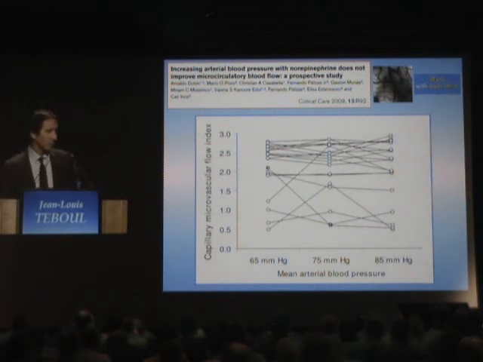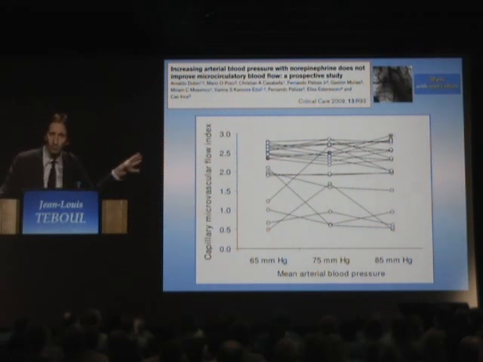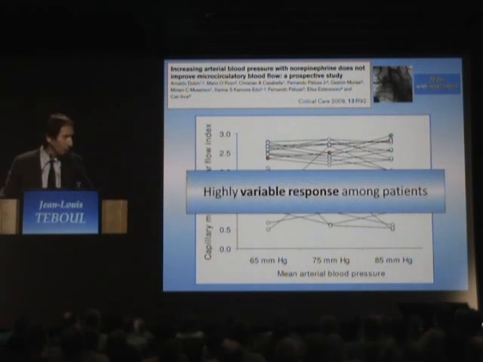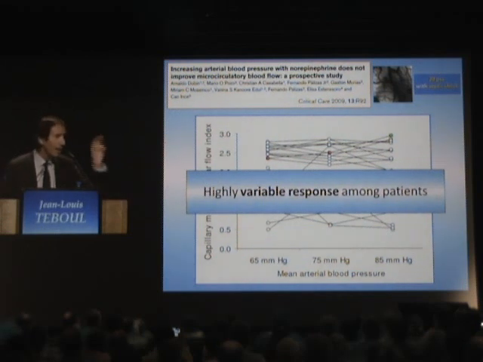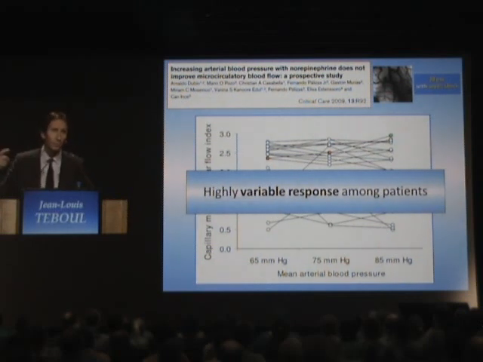And what they observed is that some patients were doing better with 65 millimeters of mercury, in green. Some other patients were doing better with 75, and other patients were doing better with 85. So there is a highly variable response among patients. And this emphasizes the fact that we need to individualize our therapy.